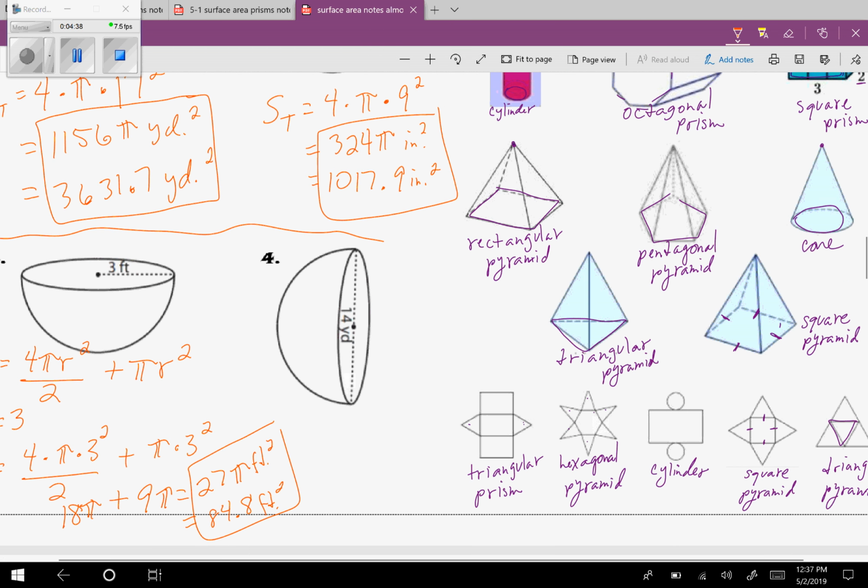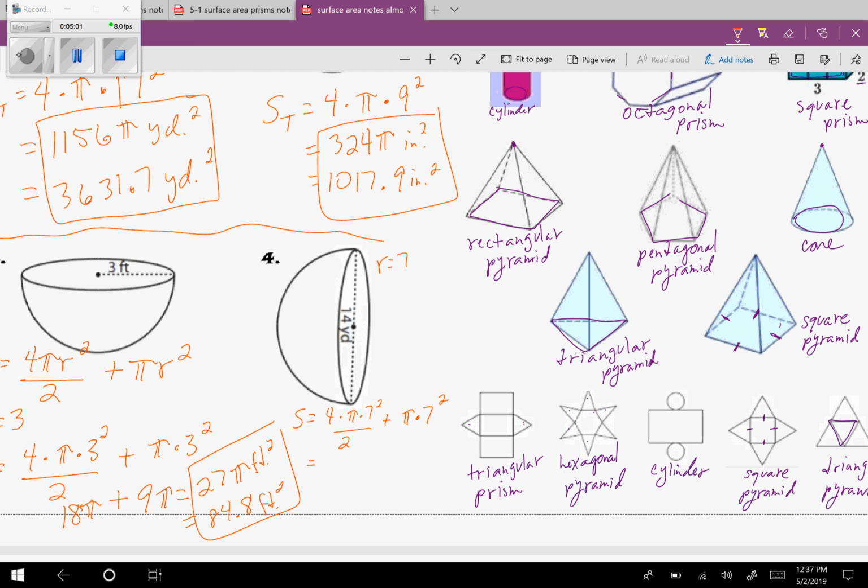And here our last one. Again, here's the hemisphere. They've given us the diameter this time, so our radius has to be 7, because 14 divided by 2 is 7. Then we'll just plug into our formula: 4 times pi times 7 squared divided by 2 plus pi times 7 squared.